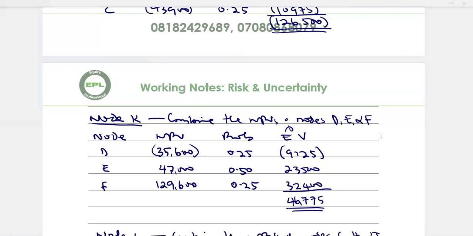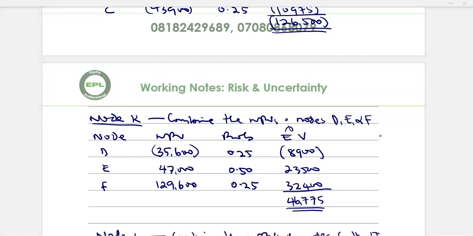So 35,600 multiplied by 0.25 is 8,900. Then 23,500 plus 7,000... 32,400. That's 47,000.